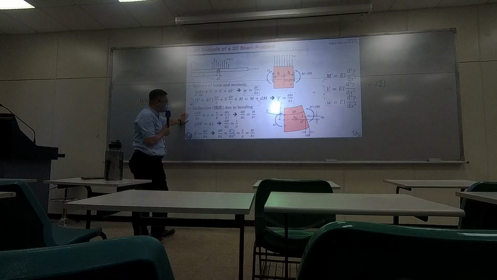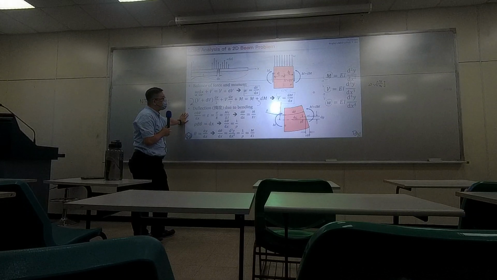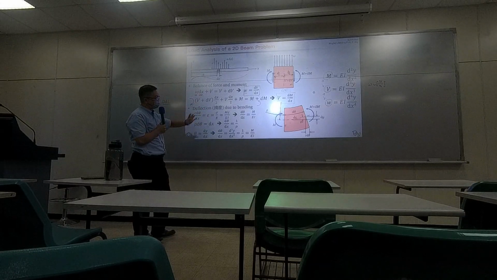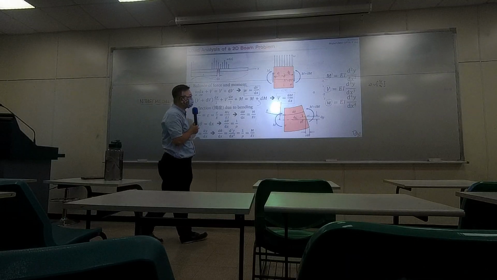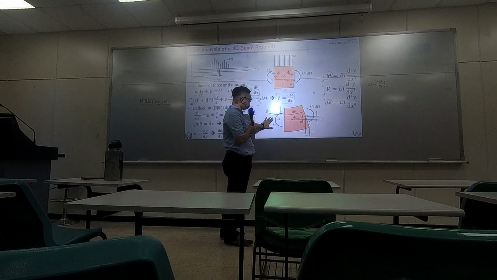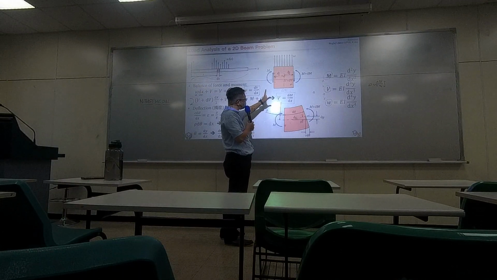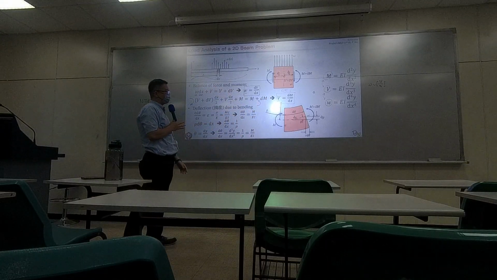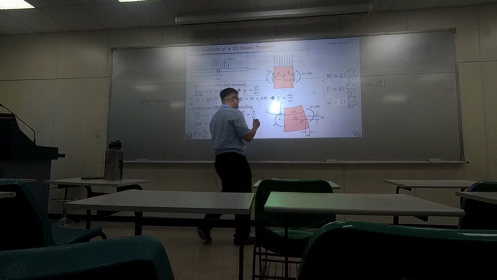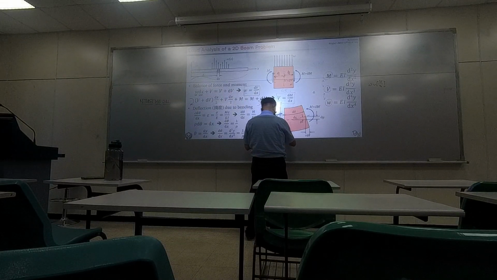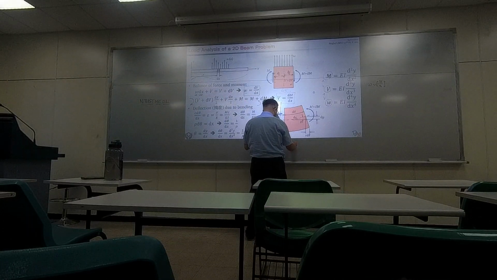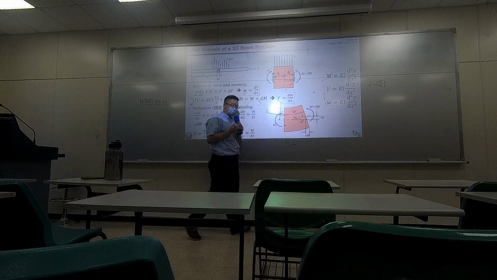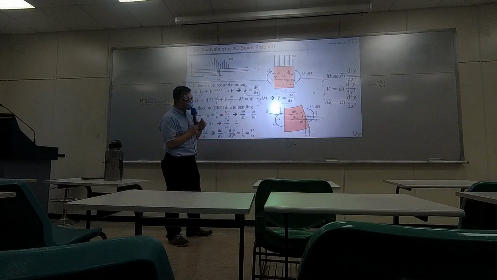So first of all, this is an exaggerated drawing. Due to bending, this rectangular shape is deformed into a pie shape. A pie. Taiwanese may not know. So this is like a pie shape. Okay?